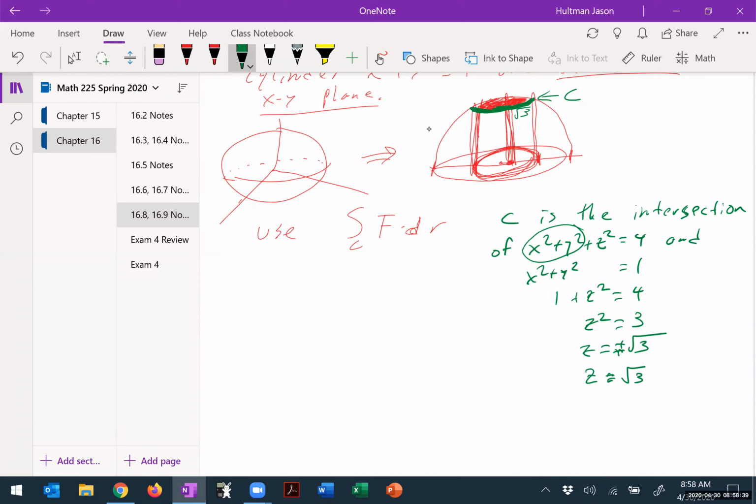So what is C? C is x squared plus y squared equals 1, z equals radical 3. That's this plane. If I were to slice this plane through this cornea, I don't really want to talk about slicing eyeballs. That's kind of disgusting.